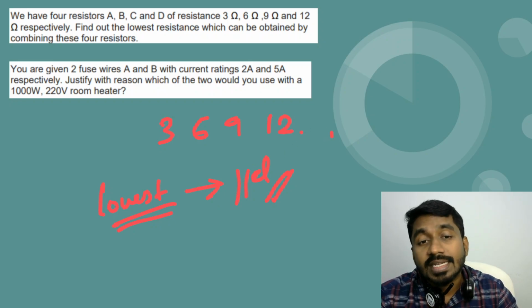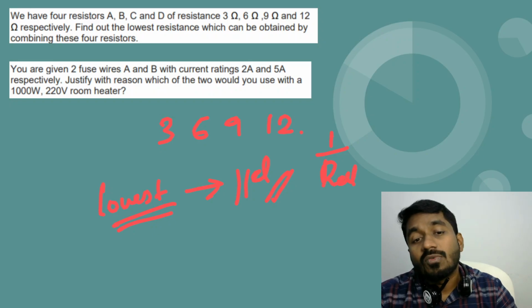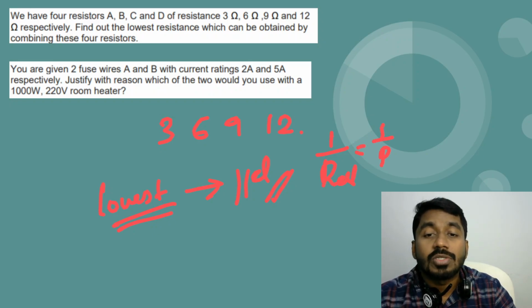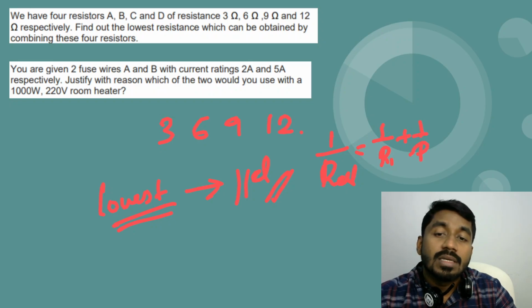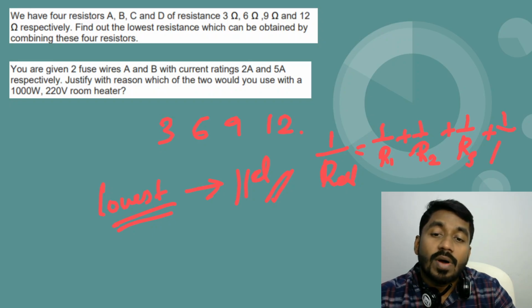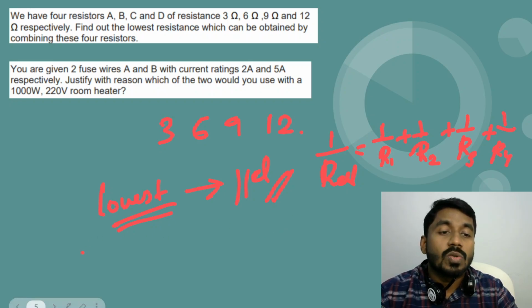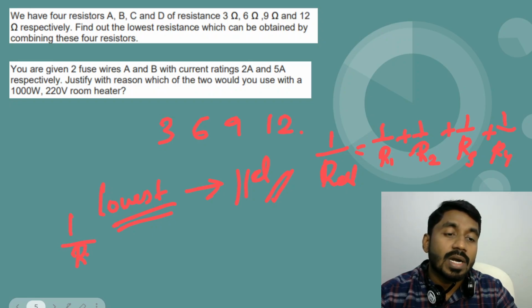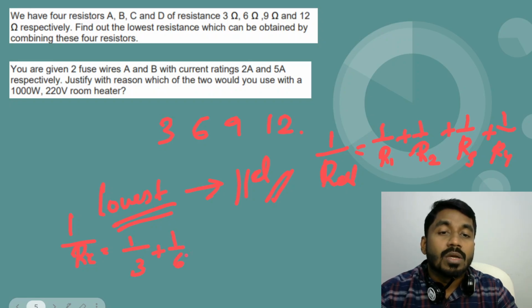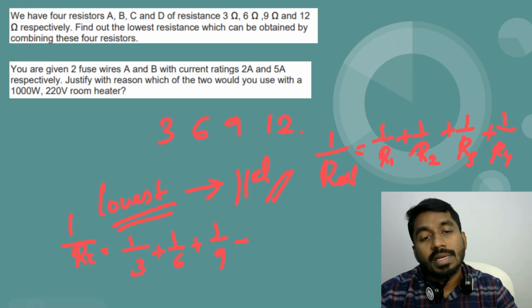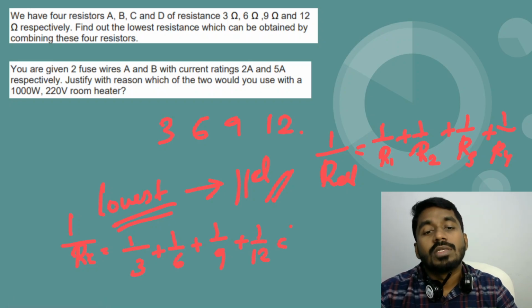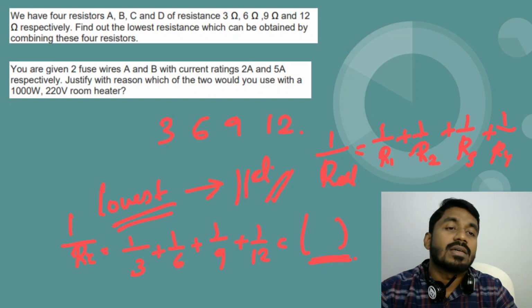Then 1 by R effective is equal to 1 by R1 plus 1 by R2 plus 1 by R3 plus 1 by R4. So 1 by R effective is equal to 1 by 3 plus 1 by 6 plus 1 by 9 plus 1 by 12. Solve it, you will get the answer.